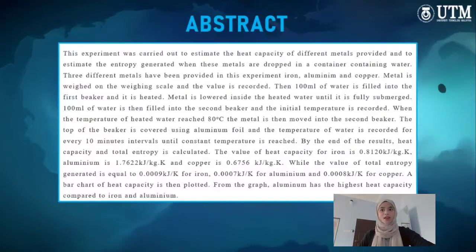While the total entropy generated is 0.0009 kJ per K for iron, 0.0007 kJ per K for aluminium, and 0.0008 kJ per K for copper. A bar chart of heat capacity is then plotted. From the graph, aluminium has the highest heat capacity compared to iron and copper.